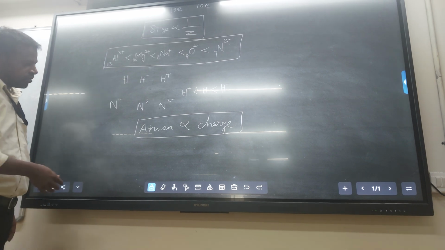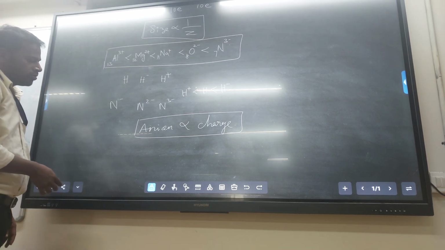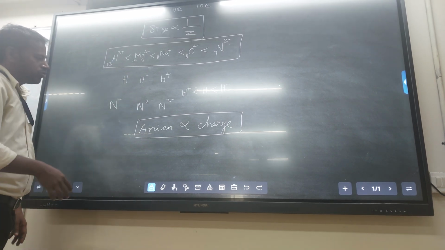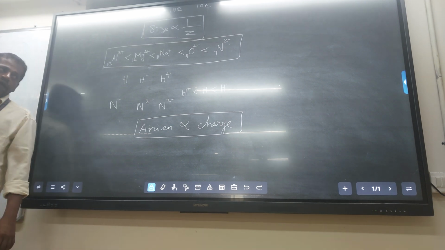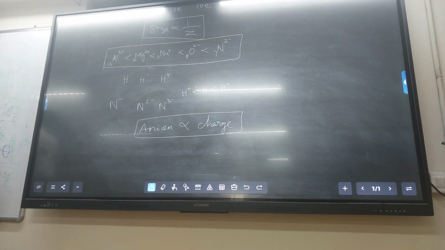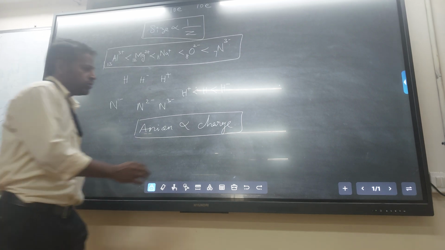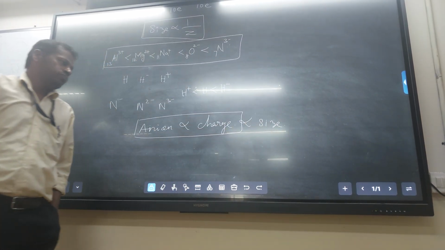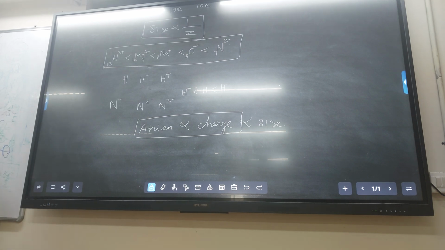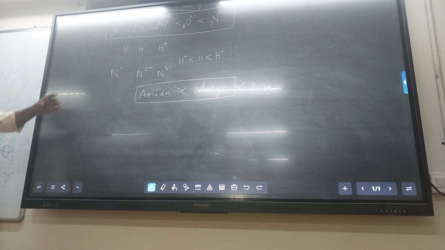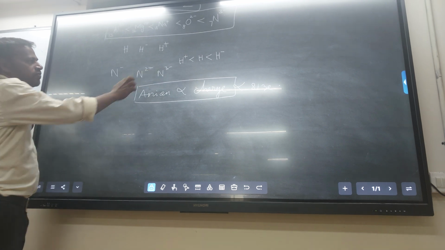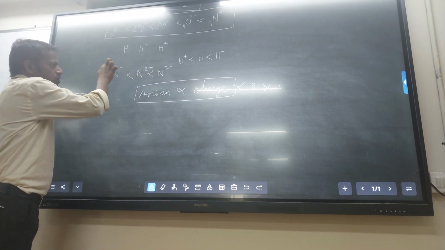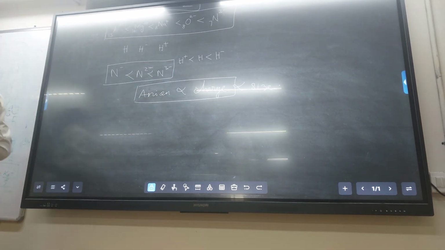In anionic species, the charge is maximum means the size is more. So here maximum charge, therefore this is the maximum size. So N 3 minus first.